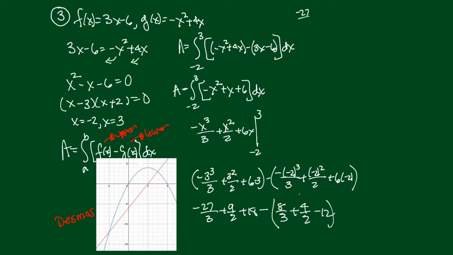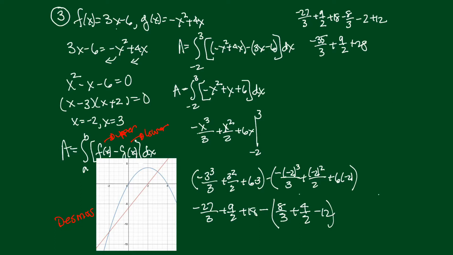So -27 over 3 plus 9 over 2 plus 18 minus 8 over 3 minus, okay, 4 over 2 is just a 2, and then plus 12. So where are we here? Negative 27 minus 8, I think, is negative 35. So negative 35 over 3 plus 9 over 2. Now, 18 minus 2 is 16. 16 and 12, so 28.